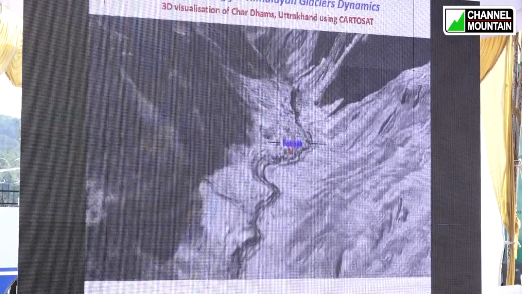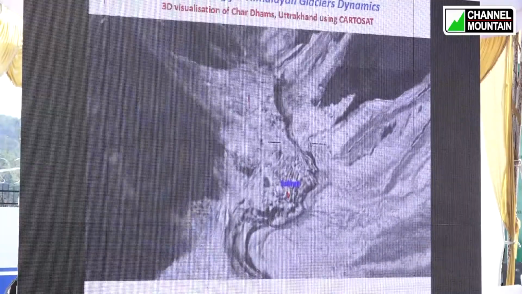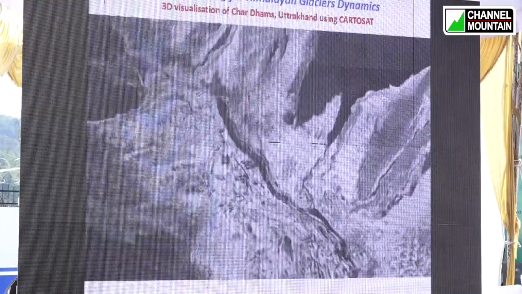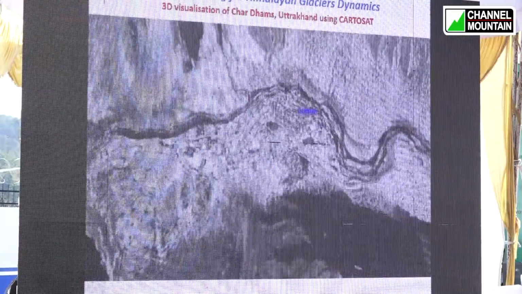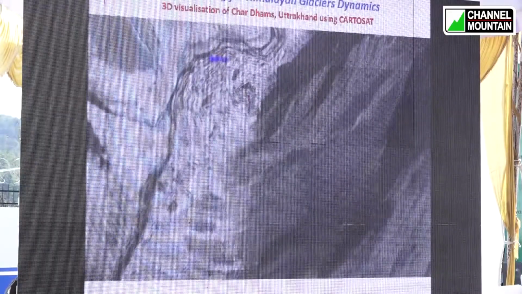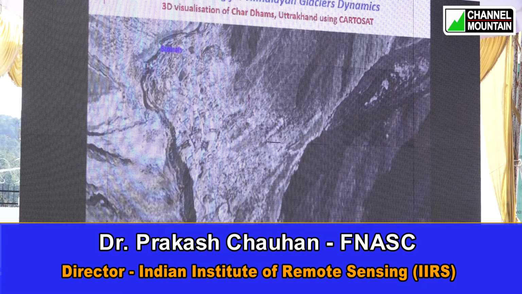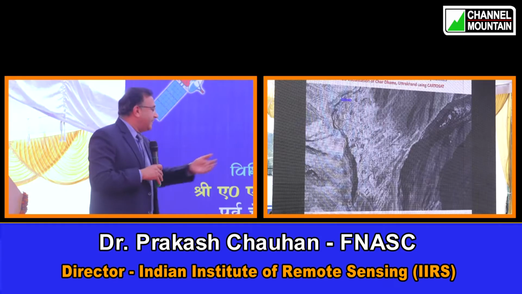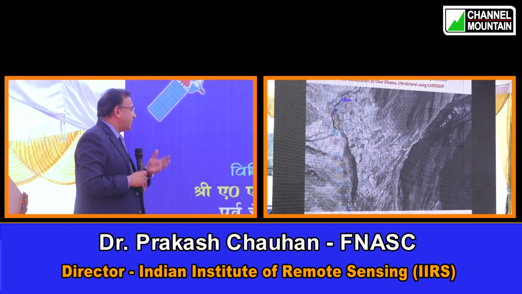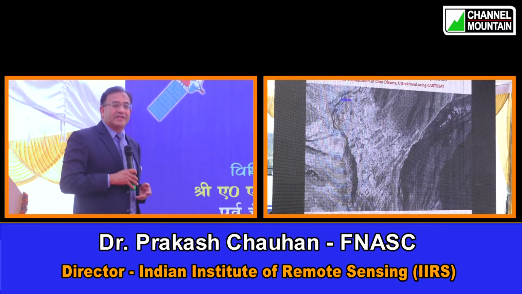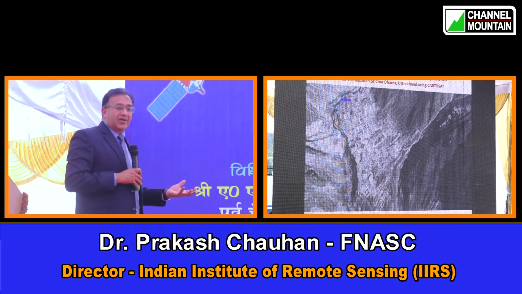So the power of the technology is that sitting over here in this hall, in 3 minutes we could visualize and have e-darshan of at least 3 of the 4 dhams. We should be thankful to technological leaders like Dr. Kiran Kumar, who has provided such wonderful tools in space, that today we have this technology with us.